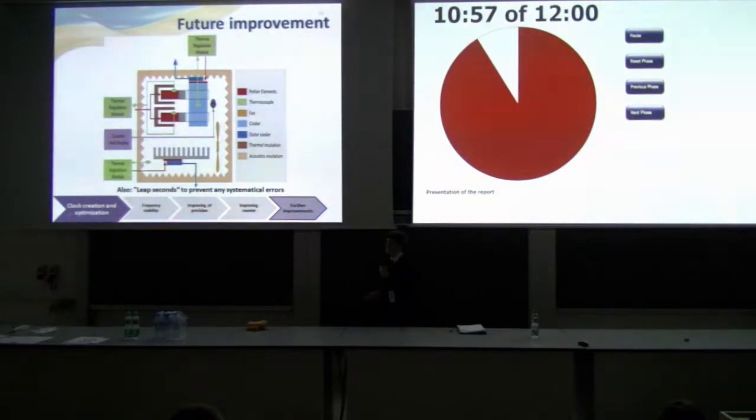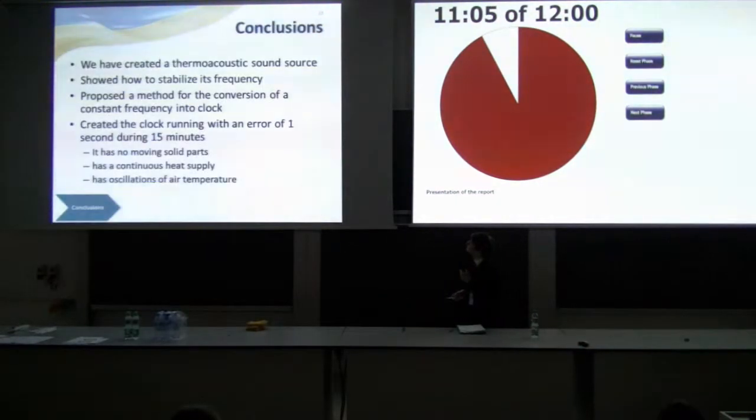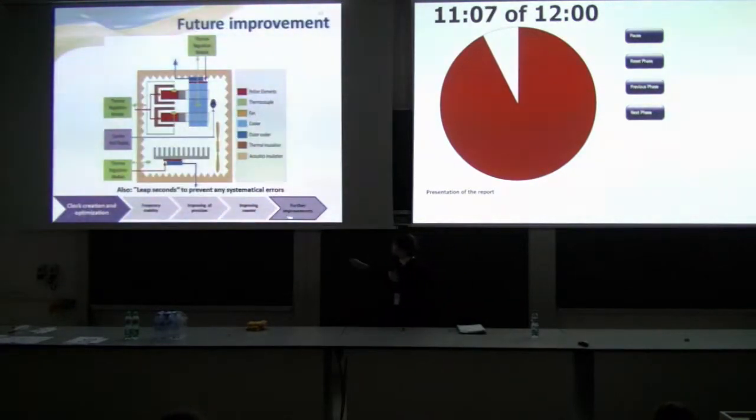Also, our device is extremely noisy, so we would like to make an acoustic insulation around it. The next slide. Also, I did not mention that we can also use leap seconds. For example, if we know that the systematic error of our device is 1 second per 100 seconds, we can add 1 second every 100 seconds.